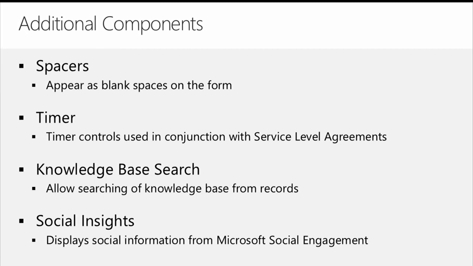Same thing with knowledge base searches, if you wanted to search the knowledge base from this particular form, or even do things like social insights if you have a link tied together with Microsoft Dynamics social engagement. So these are things that really allow you to expand the functionality of what this specific form is able to do inside the application.